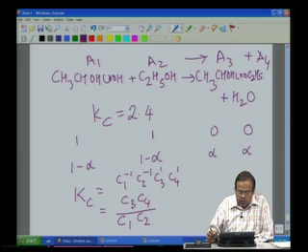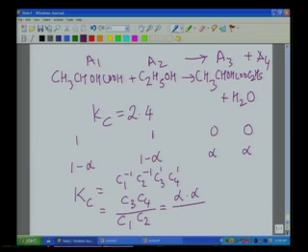Now let us put in the compositions or concentrations of all these species. So, this is alpha into alpha divided by 1 minus alpha into 1 minus alpha, and as per our thermodynamics this is 2.4.